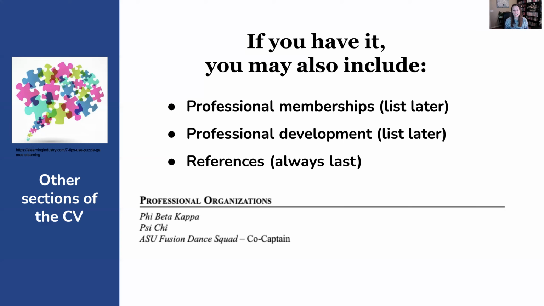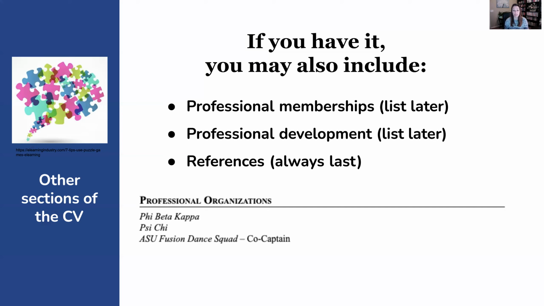So here is an example of professional memberships. We have professional organizations: Phi Beta Kappa, Psi Chi, and then ASU Fusion Dance Squad. I love this example. This is a coworker of mine. It says here co-captain. So not only does it show versatility in this person, but for any group or club that you are a part of, if you took on some kind of leadership role or a little bit more responsibility, it's great to put here.